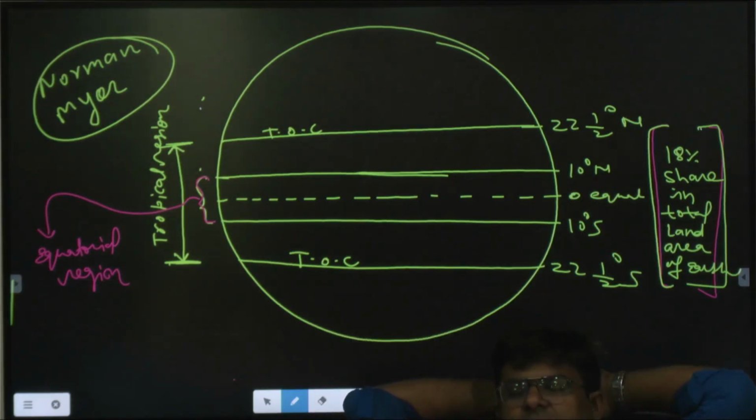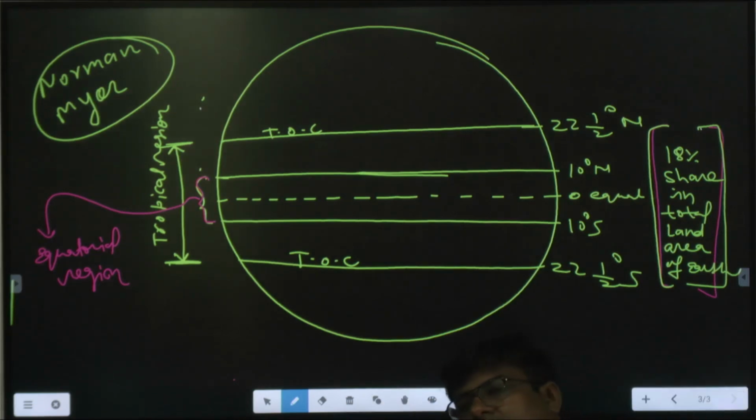Unevenly distributed, full stop. Critically examine this statement by presenting supportive examples.